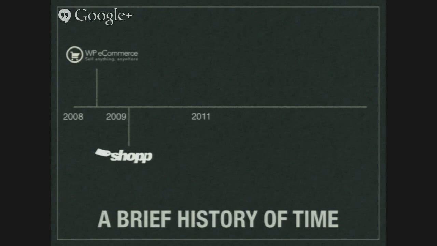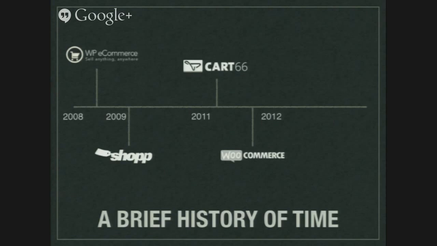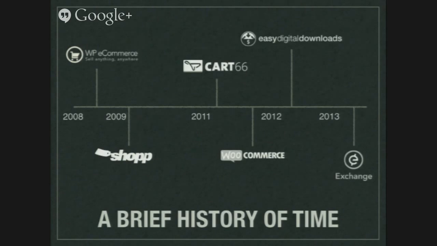There's a big gap. 2 years where we really only had two competitors in the space. And then all of a sudden we had Cart66, we had WooCommerce, we got EDD in 2012, and then in 2013 we got iThemes Exchange. So you'll notice that it got really competitive really fast, and options became huge really quickly. And that's why it got so confusing, because there was no one de facto standard.